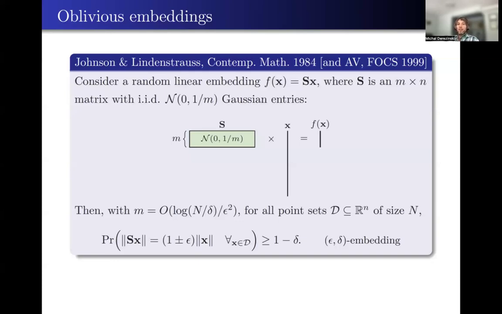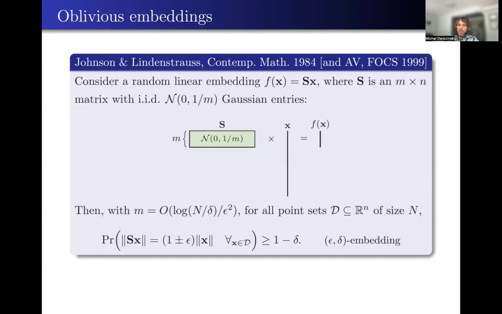for any set of points of size, let's say capital N, this random embedding will, with high probability, successfully reduce the dimension while preserving the pairwise distances, down to a lower dimension of log N over epsilon squared, so the logarithm of the size of the point set.